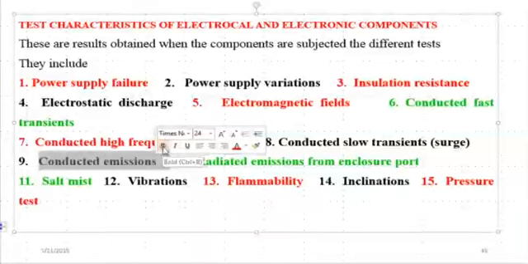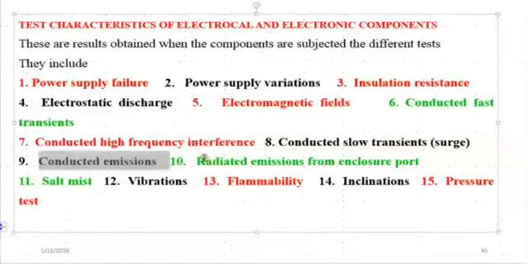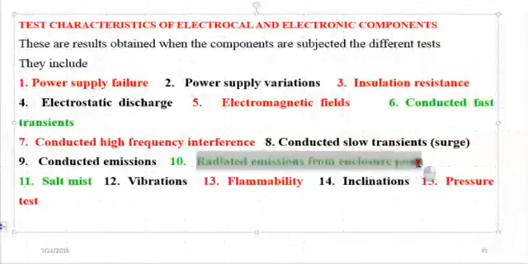How are they going to affect your device? And the radiation emission from the enclosure parts, that is the casing where the component is. If there is a component that is emitting radiations, how is it going to affect the functionality, the operation of that system? Is it going to fail? Is it going to pass? That is the characteristic in that nature.